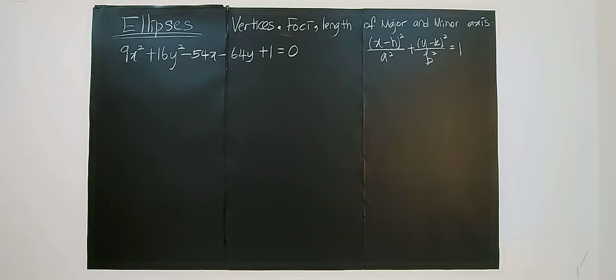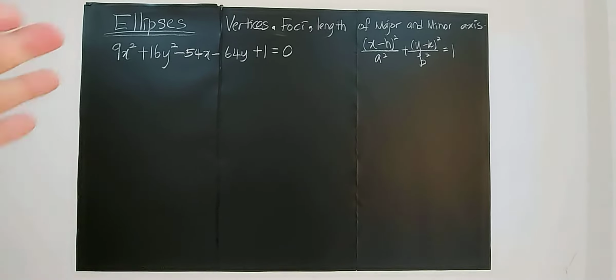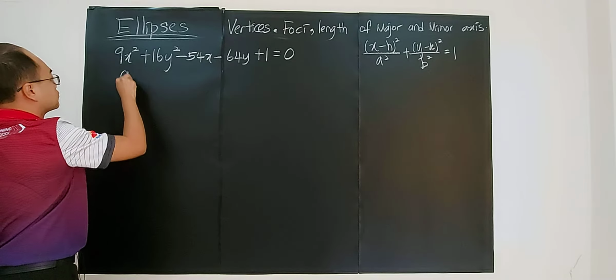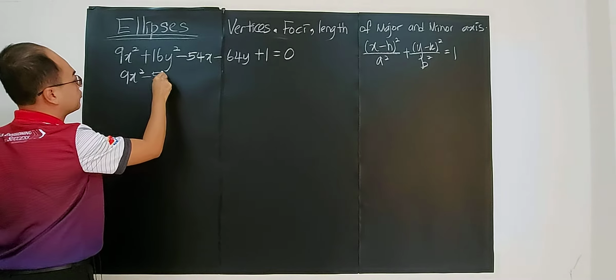We need knowledge of completing the square, right? From the quadratic. So let's do some completing the square for this general equation here. We will start by rearranging the 9x squared with the negative 54x here.